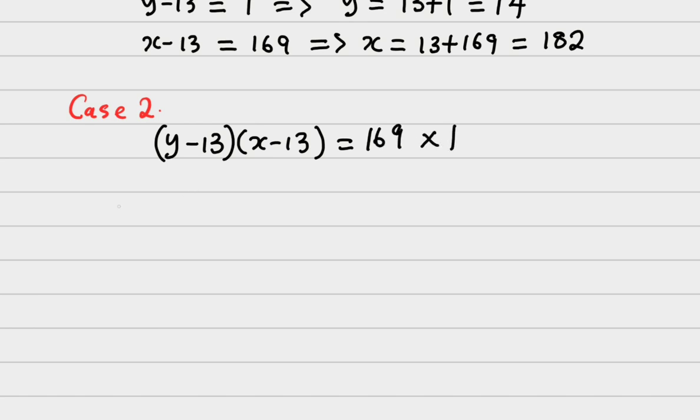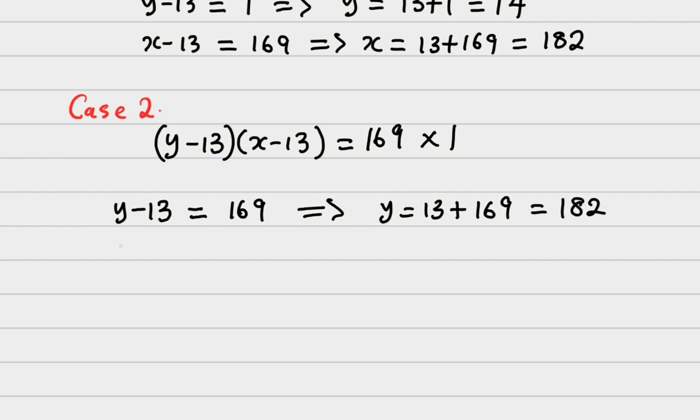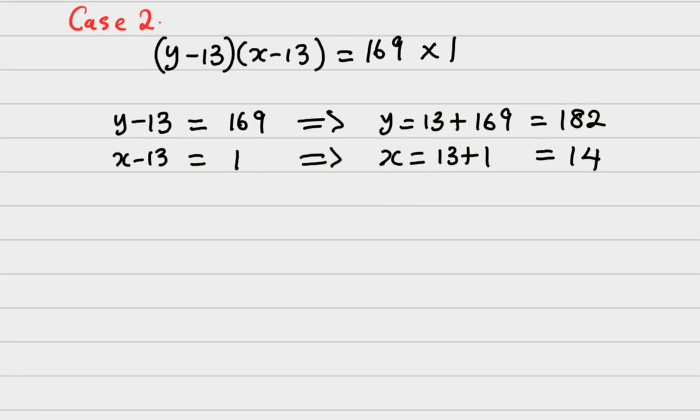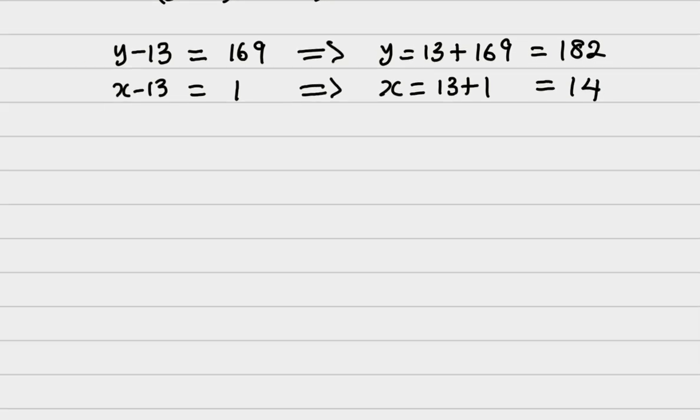By virtue of position, it means y minus 13 is equal to 169, which implies that y is equal to 13 plus 169, which is 182. Or we can have x minus 13 is equal to 1, which implies that x is equal to 13 plus 1, which is 14. Then the third case, so we have case 3.